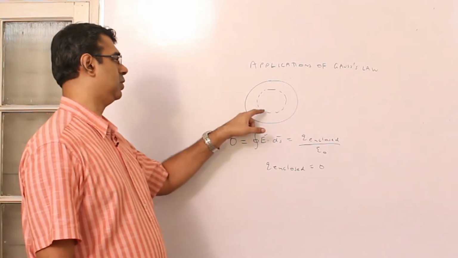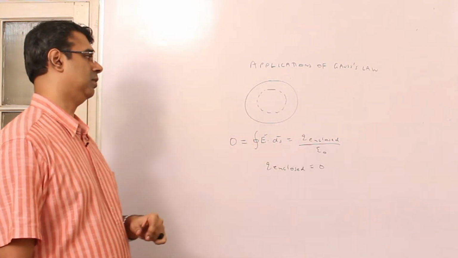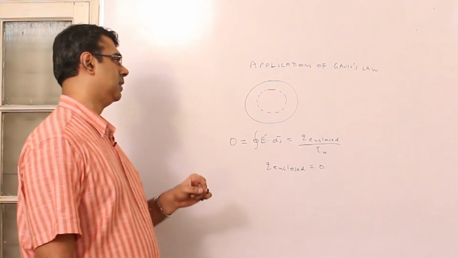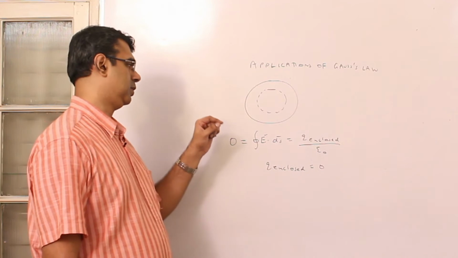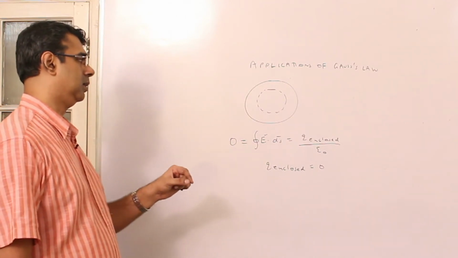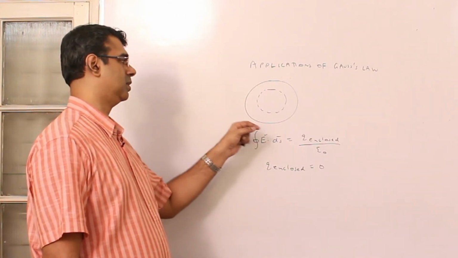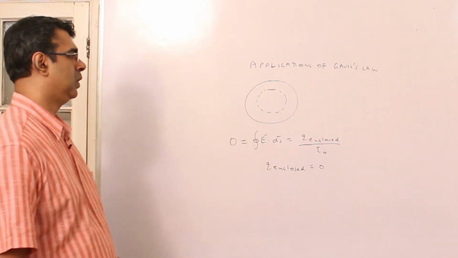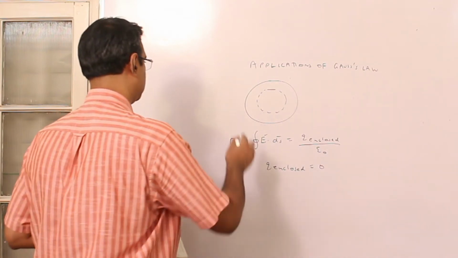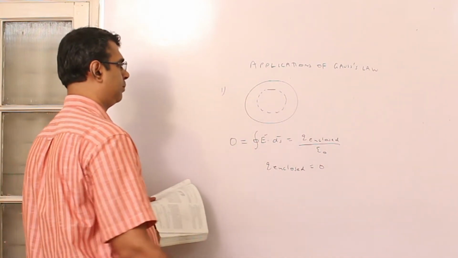That means the charge which you have introduced will appear at the surface of the conductor. So this is application of Gauss's law number 1. The charge inside a conductor cannot be present. If any charge is introduced, it will always appear at the surface of the conductor.